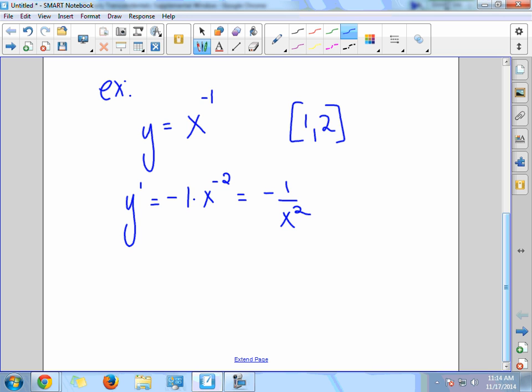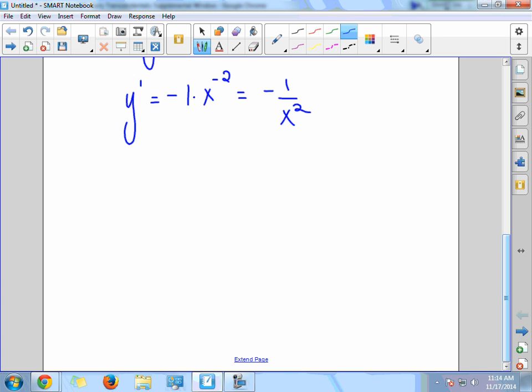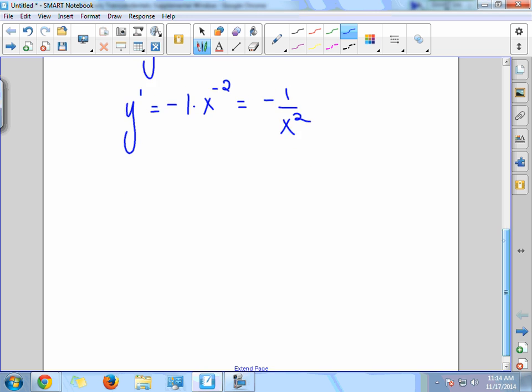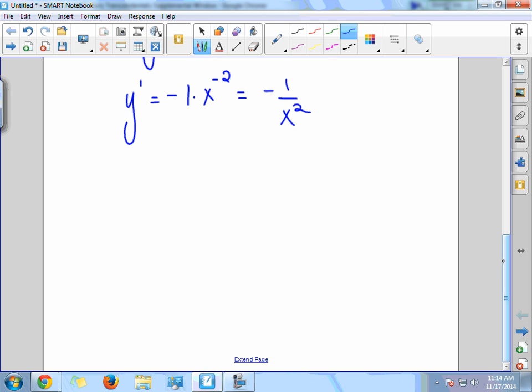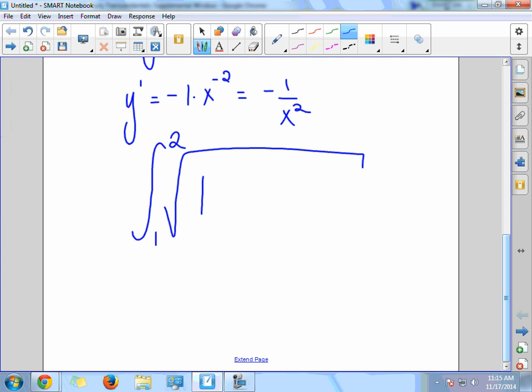Now I know my y prime, or f prime of x, and I'm going to plug it into this formula. I look at my bounds, and I want to go from 1 to 2, so I'm going to integrate from 1 to 2 the square root of 1 plus my derivative, which is negative 1 over x squared, all squared, dx.